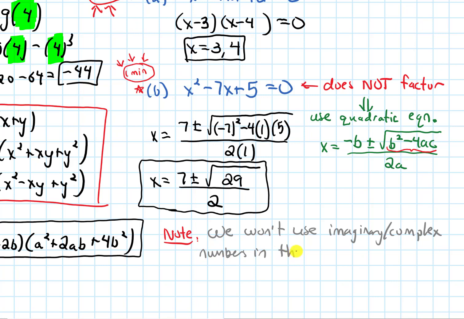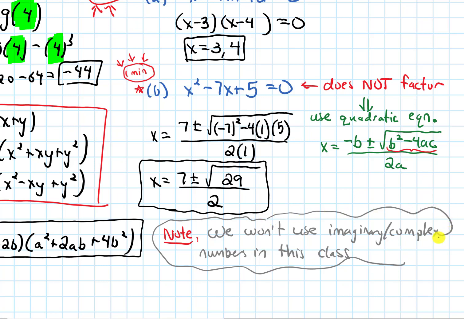So let me put a bubble around this. For our purposes, if we were solving an equation and in the process we were to get imaginary or complex answers, we would just say that there are no real solutions.